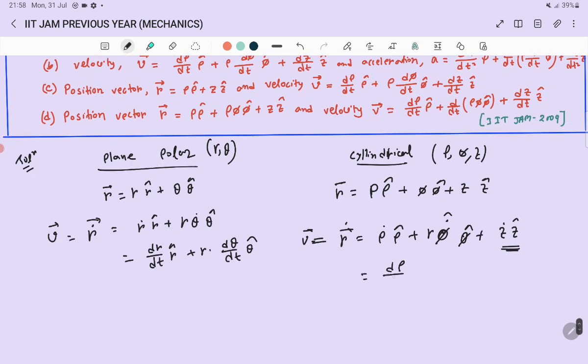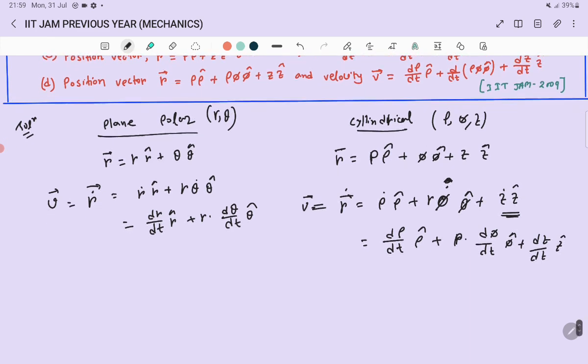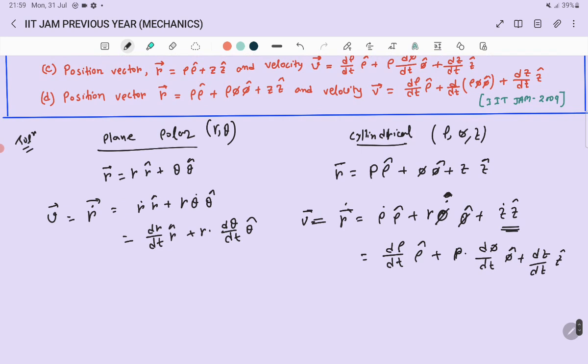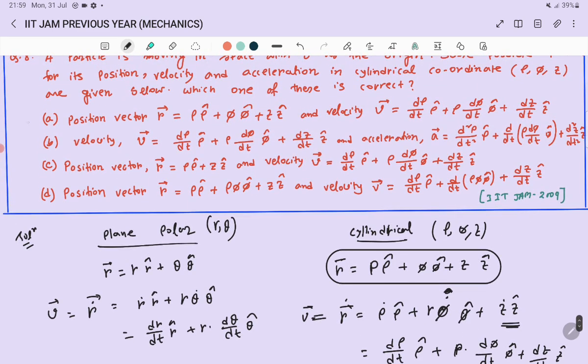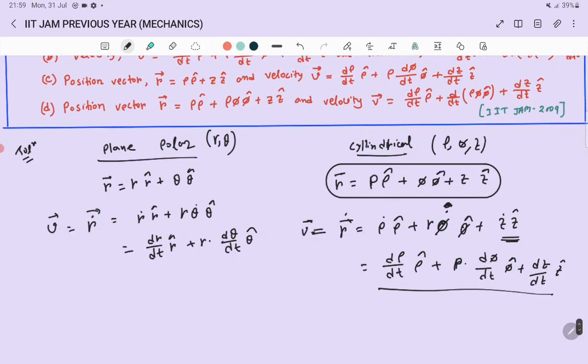There will be d rho upon dt rho cap plus rho into d phi upon dt phi cap plus dz upon dt into z cap. You can see this result and this result. So according to this, option A is correct. This is how you can remember at least these two results, plane polar and cylindrical coordinate.